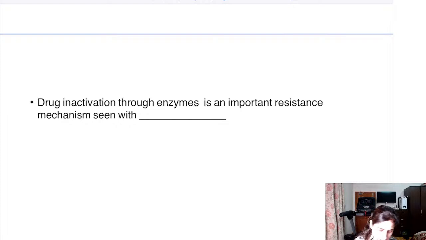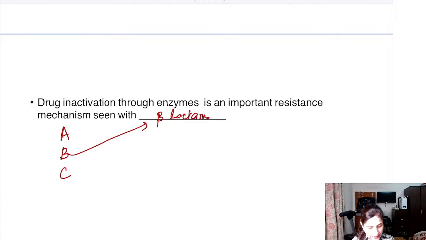Beta lactams, yes, one is beta lactams. Or remember the mnemonic A, B, C. B is beta lactams. Then A and C.